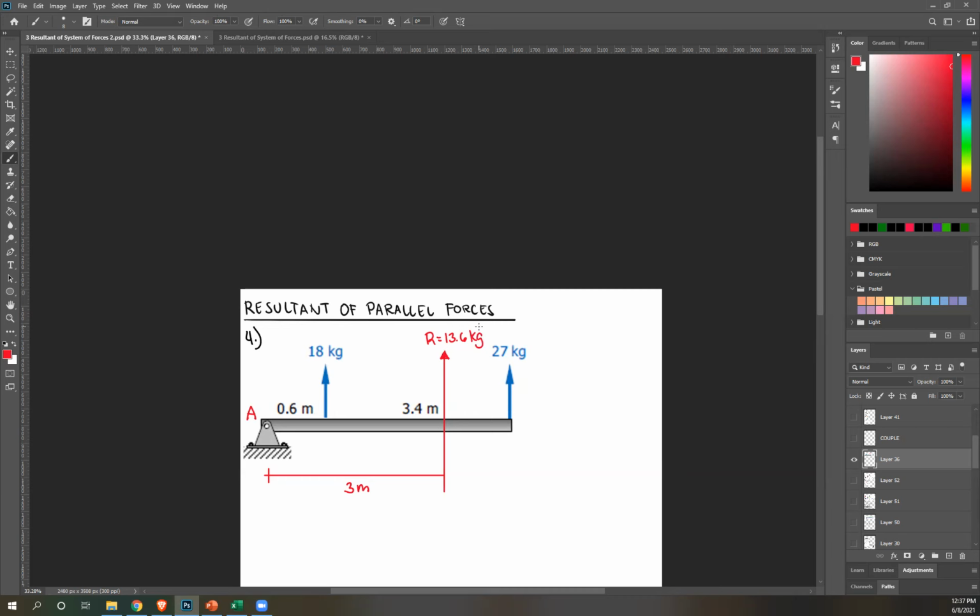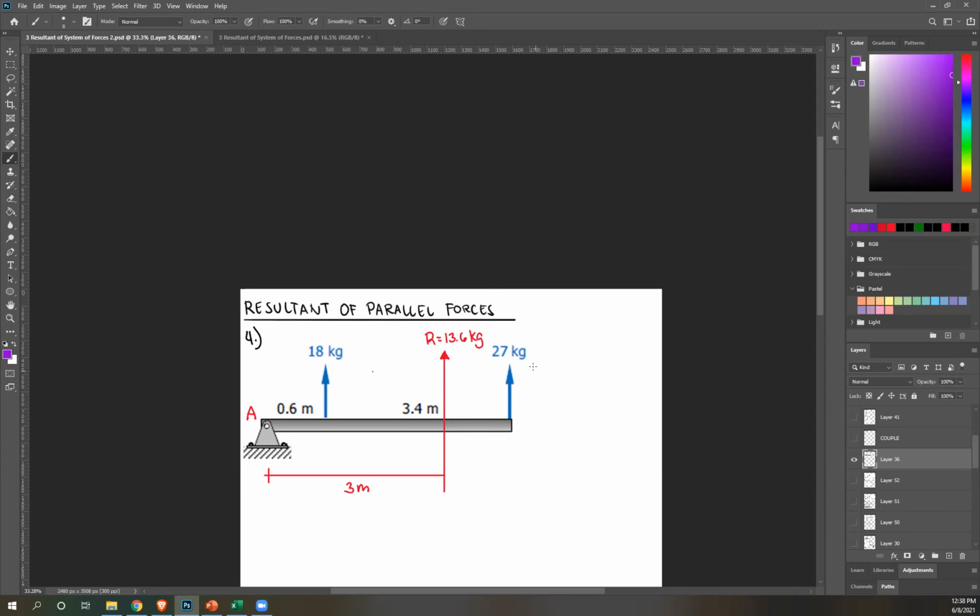So to solve for F, since we're given R, we'll just use the equation R equals summation of forces. So now you have to guess the position of F and the direction. I'm gonna guess it's downward.